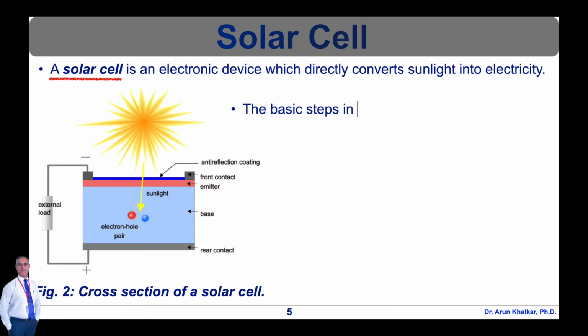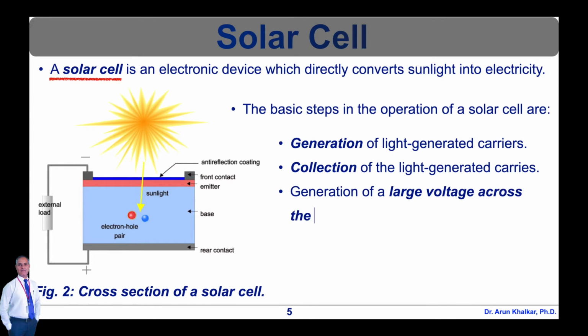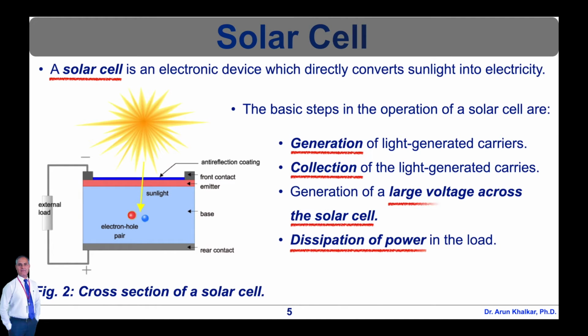The basic steps in the operation of a solar cell are the generation of light generated carriers, the collection of the light generated carriers to generate a current, the generation of a large voltage across the solar cell, and the dissipation of power in the load and in parasitic resistances.